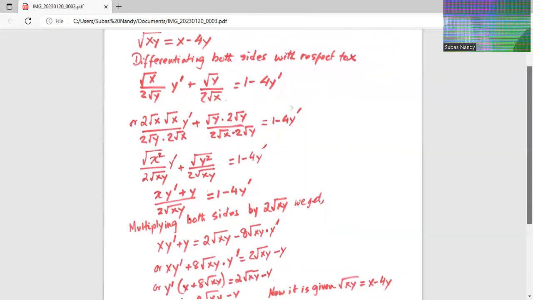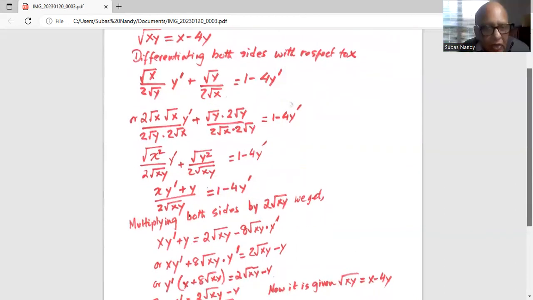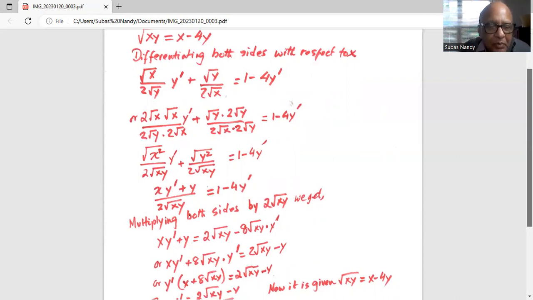So multiplying both sides by 2 square root of xy, we get xy prime plus y, since the 2 square root of xy in the numerator and the denominator on the left hand side will cancel. Remember, we are multiplying by 2 square root of xy on both sides, and 2 square root of xy distributed to 1 will be 2 square root of xy, minus 4 times 2 is 8 square root of xy times y prime.